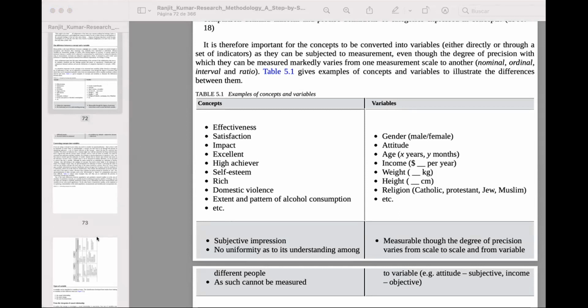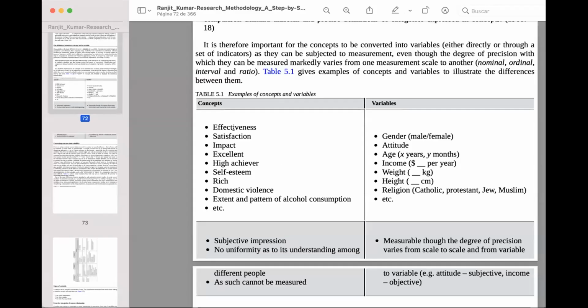Therefore, remember, whenever you were thinking on your first steps for your pre-project, some of you thought about effectiveness, yes, remember, about impact.